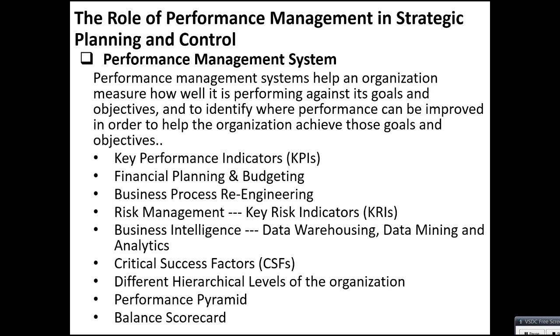A performance management system helps an organization measure how well it is performing against its goals and objectives, and identify where performance can be improved in order to help the organization achieve those goals and objectives.